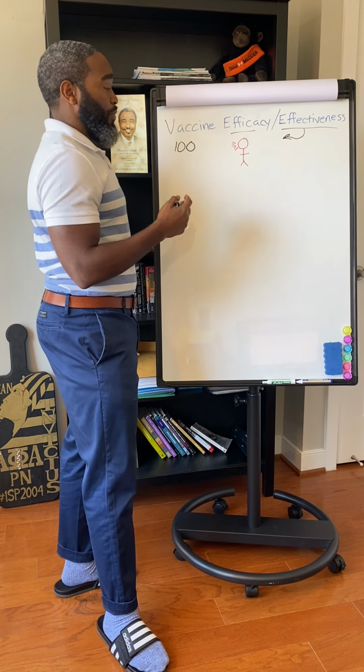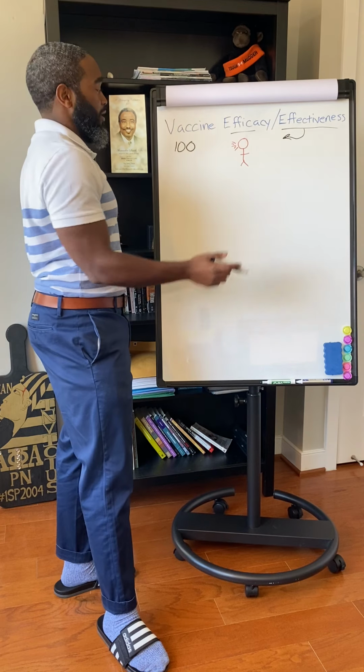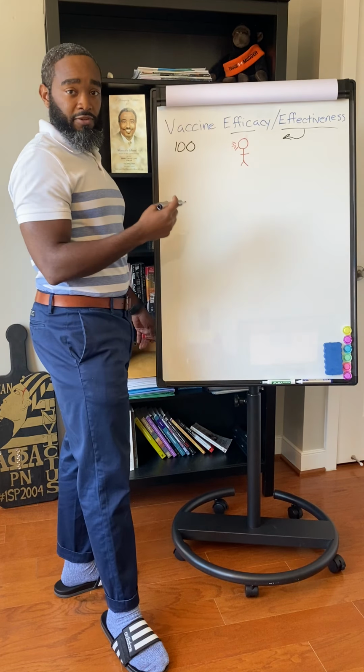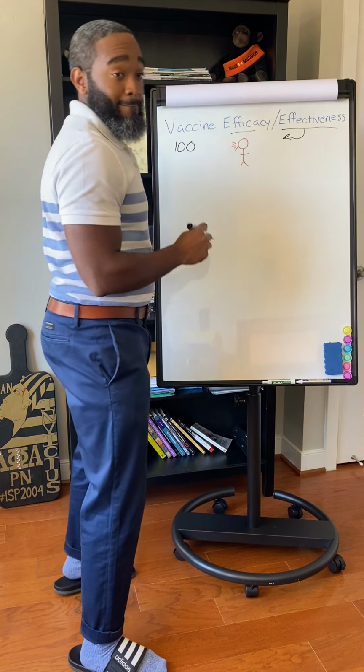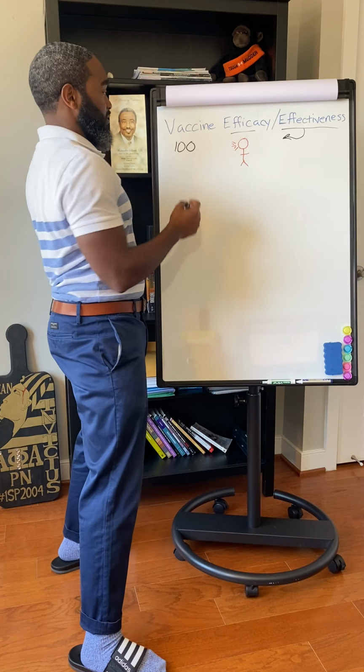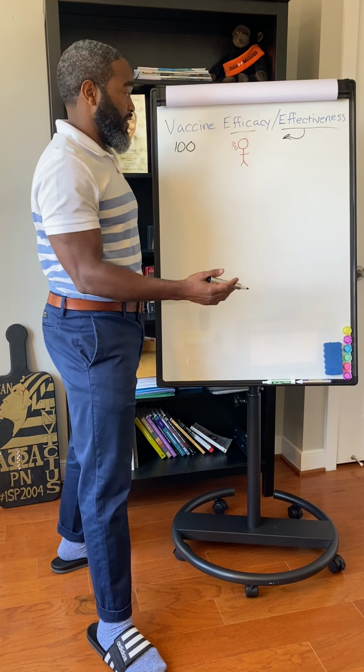Now, what we also want to consider is in that same scenario, what if all of these people are fully vaccinated with, say, the Pfizer vaccine? We want to think about how that affects these numbers. How many people would get infected?